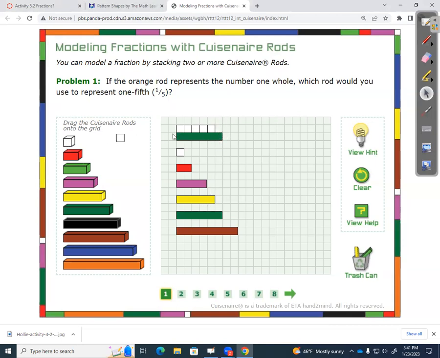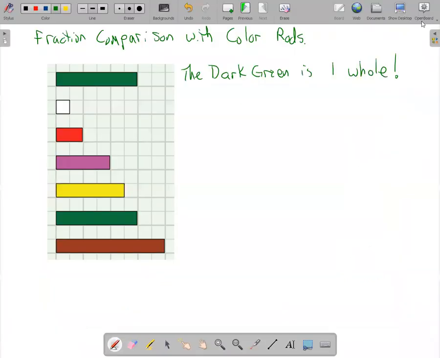So I've lost that one somehow. So here I can see the white is 1/6 of the dark green.